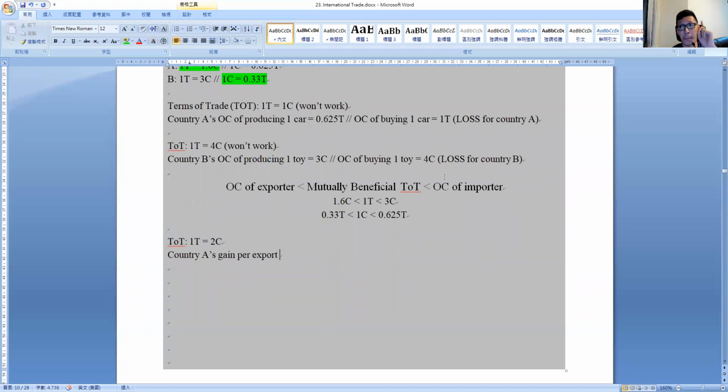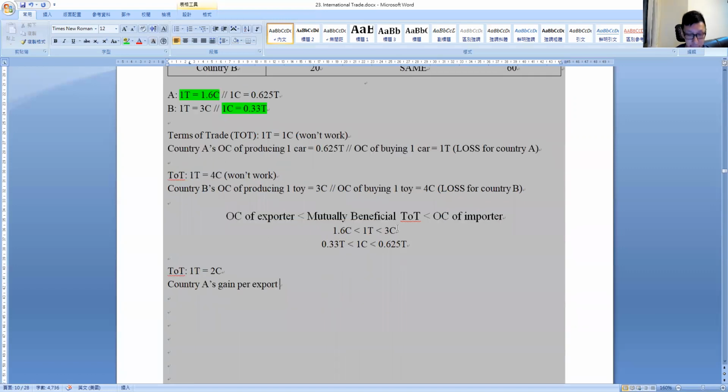For every toy they sell, how much will they gain? Think about it. According to this terms of trade, by exporting one toy, per export of toy, write it clearly, for each one made, they will receive 2 cars.